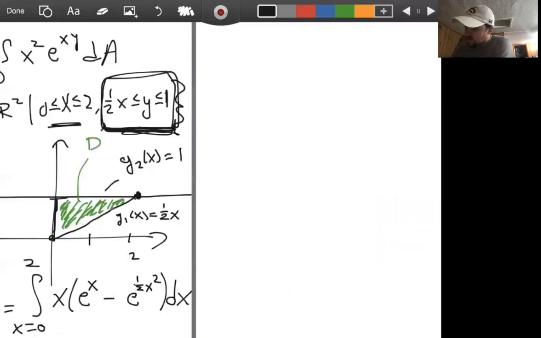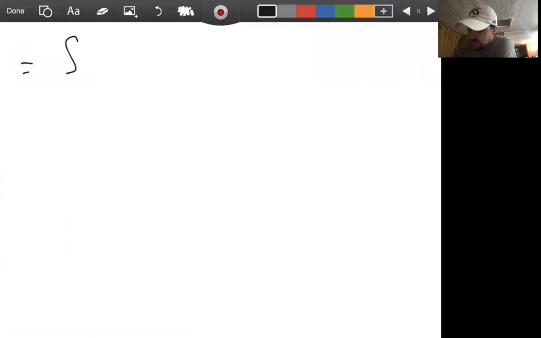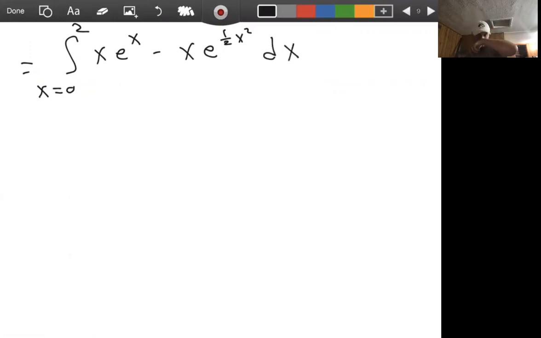Okay, and so what is our integration now? It's the integral from x equals 0 to 2 of x e to the x minus x e to the 1/2 x squared dx.